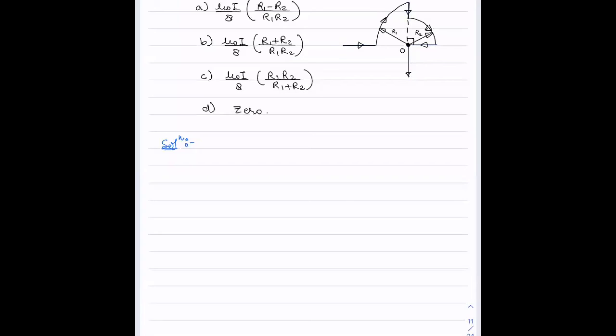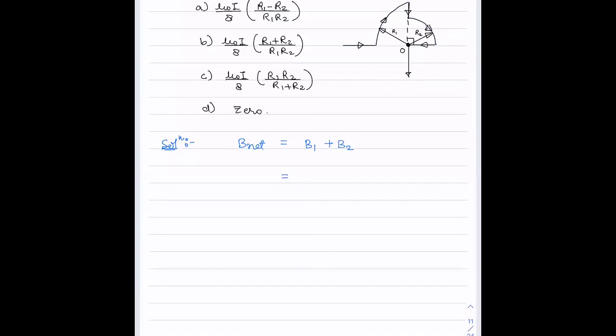You will have only the magnetic field due to this wire as well as this wire. Now just check how we will solve this. The net magnetic field must be the addition of the 2 magnetic fields, B1 plus B2. They both are in the same direction.